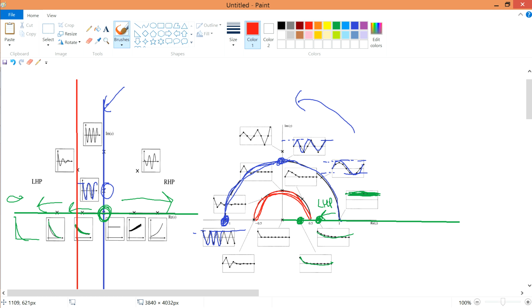At this particular point, I can assume that this is the particular graph. It just decays slowly. So at this particular point, it is somewhat like this graph, decaying at a somewhat slow speed also.